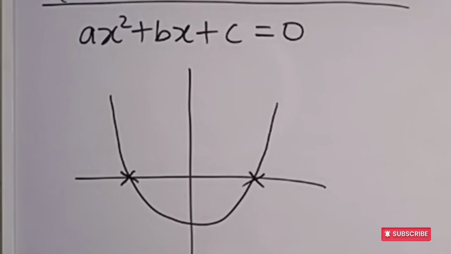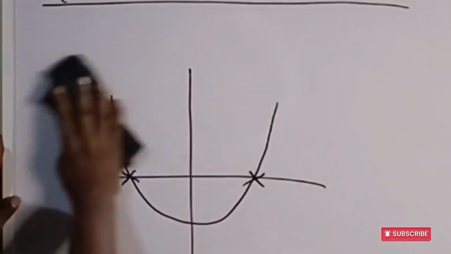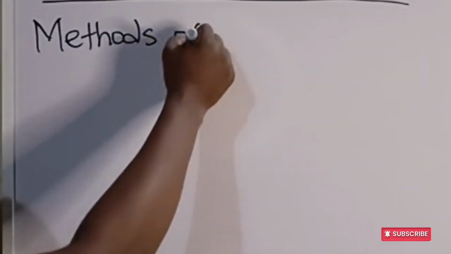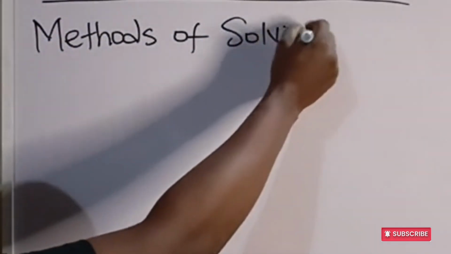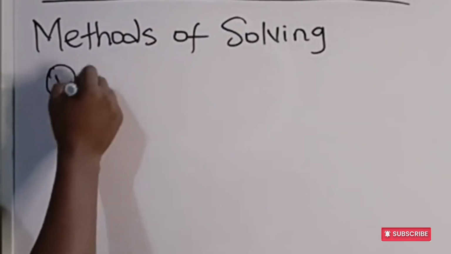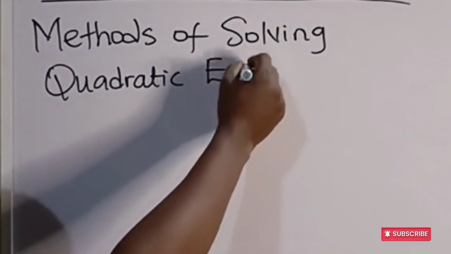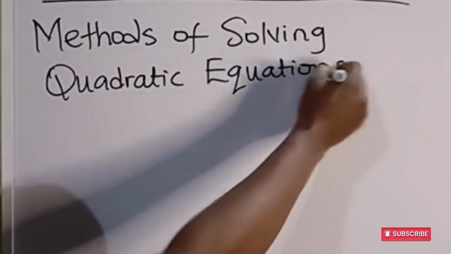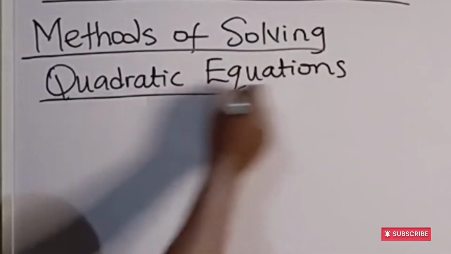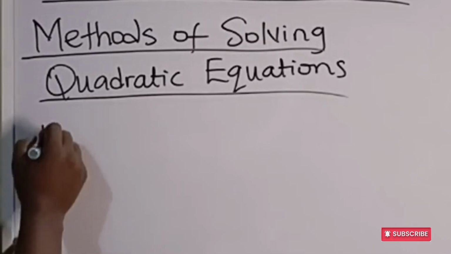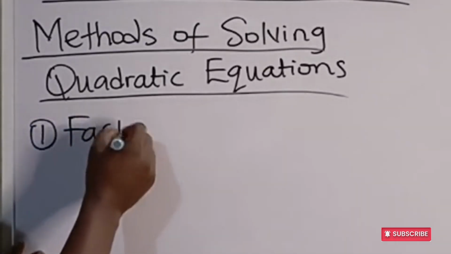What are the methods of solving quadratic equations? Basically, there are 3 methods of solving quadratic equations. The first one we're going to consider is the factoring method.